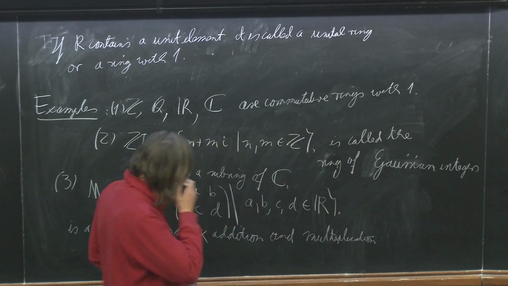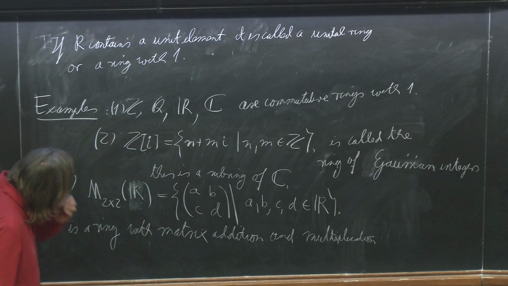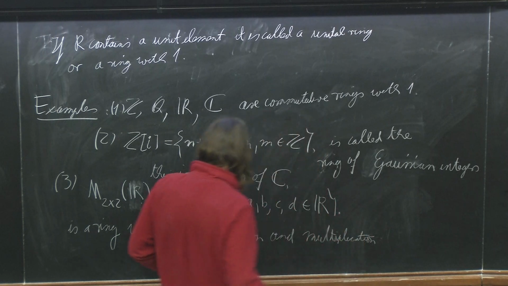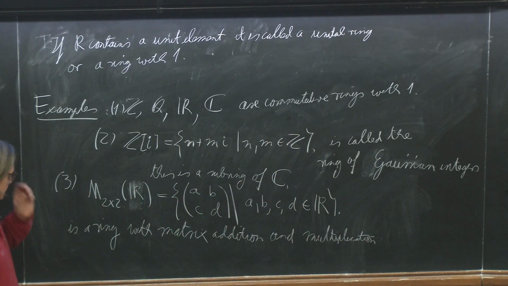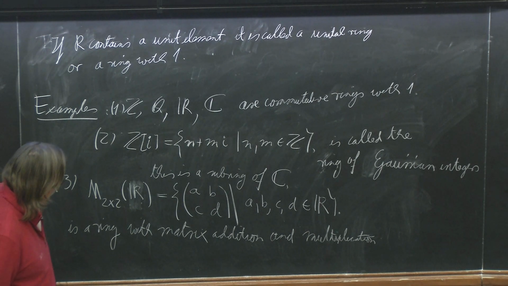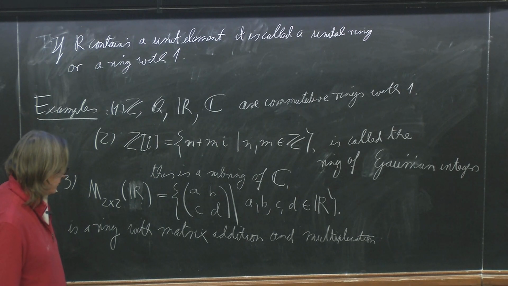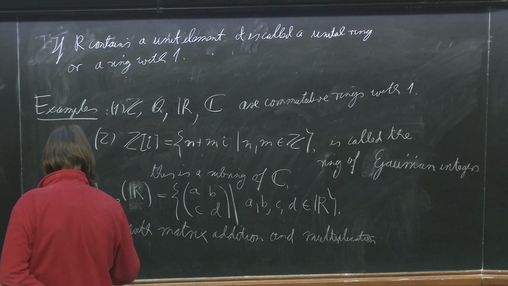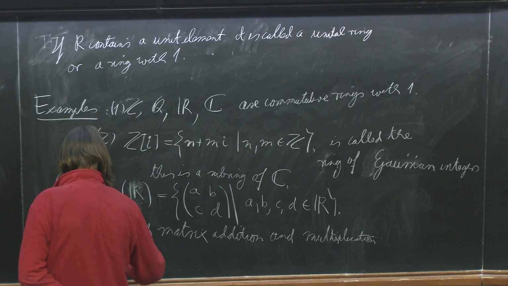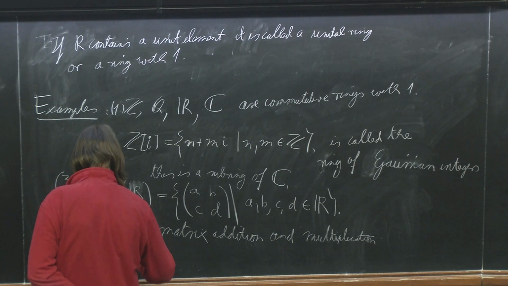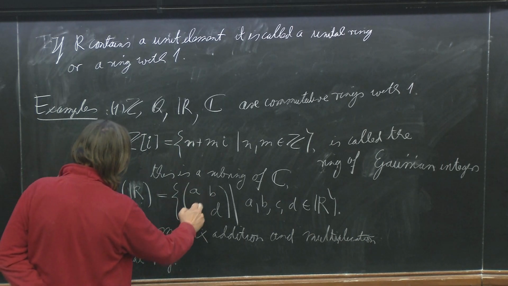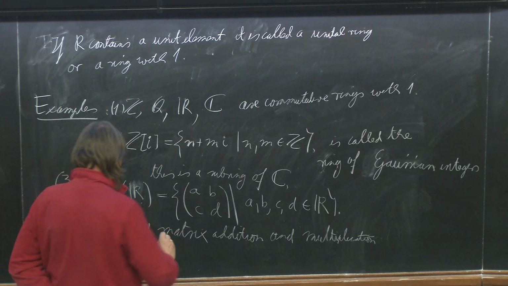Now you know how to add matrices, you just add the corresponding elements, and the matrix multiplication you also learned. It's easy to see that this is a ring. You have the associative law and the distributive law, but it's non-commutative. This is a unital ring. Obviously, the neutral element is the matrix (1, 0; 0, 1).